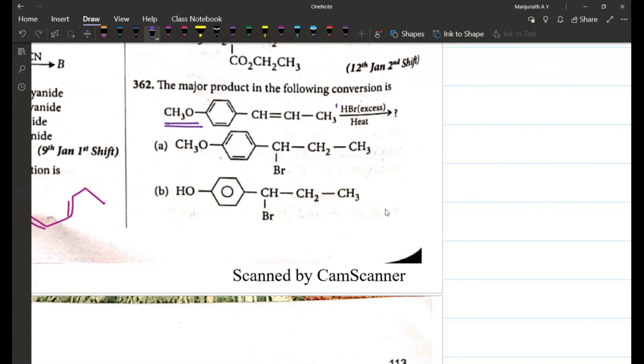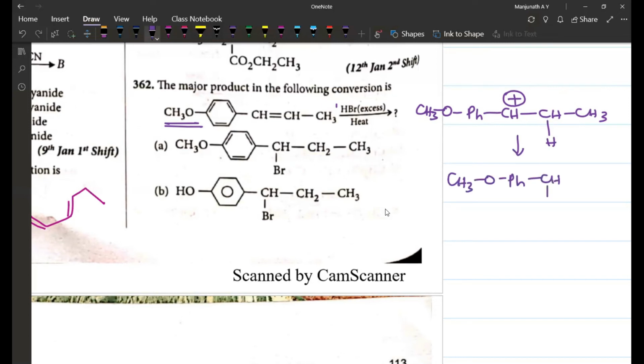So now what do we do? First we will perform addition to the double bond. CH3O, Ph, CH, CH, CH3. So the carbocation here will be most stable. So this will be the first step, formation of carbocation according to Markovnikov's addition. CH3O, Ph, CHBr, CH2, CH3.